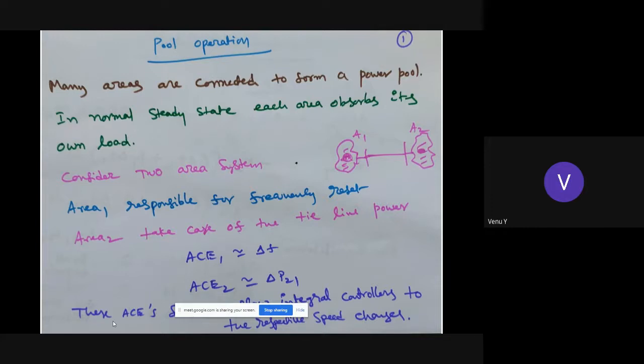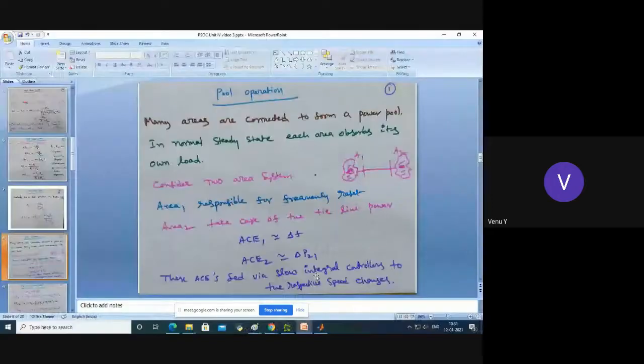Second area, ACE2, is responsible for tie line power delta P21. And these ACEs, area control errors, are fed through the integral controllers to the respective speed changes.